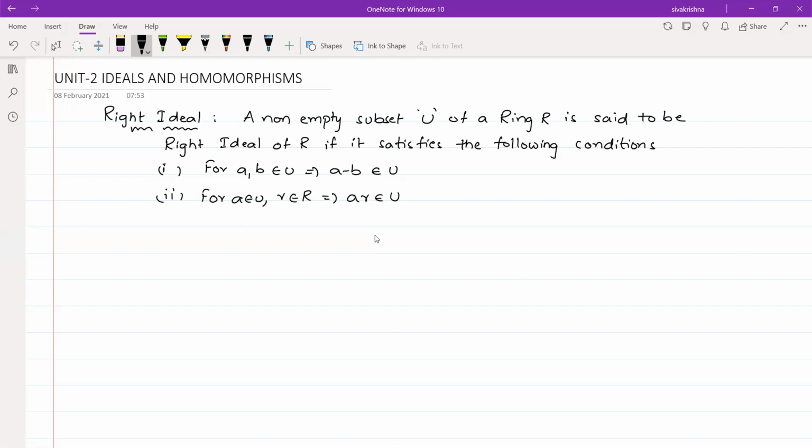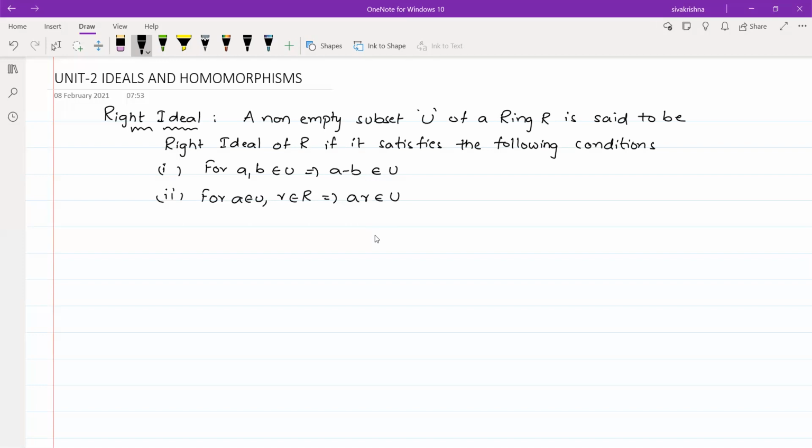So we are saying that U is a right ideal of capital R because in the second condition, we are having small r on the right side of small a. Since the element small r is on the right side of the element small a, we call this ideal a right ideal of capital R. Similarly, if we want to define left ideal, there also we are having two conditions, and in the second condition we are having small r on the left side of the element small a.